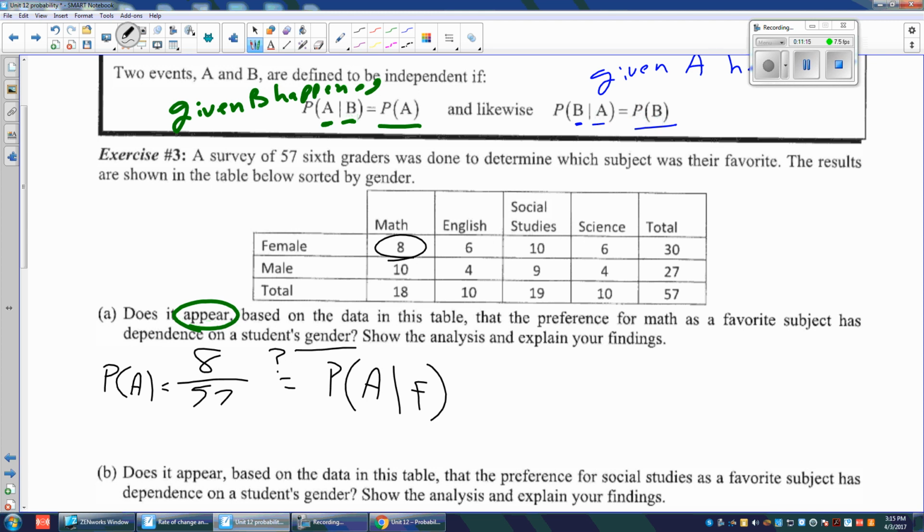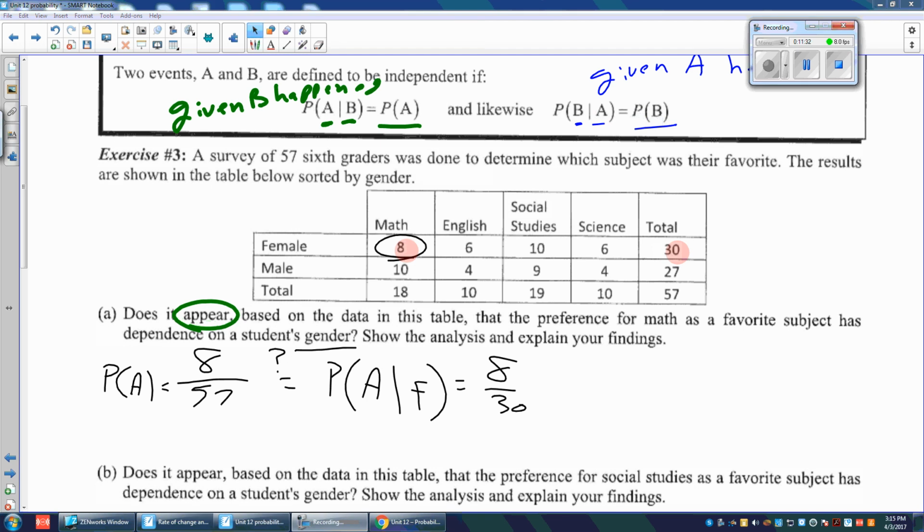And this, the probability of A given that they're a female, is 8 out of 30. And no, they don't equal each other.